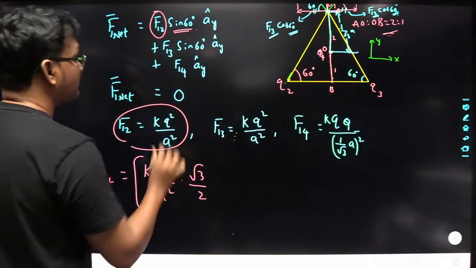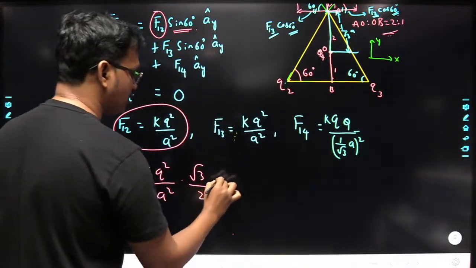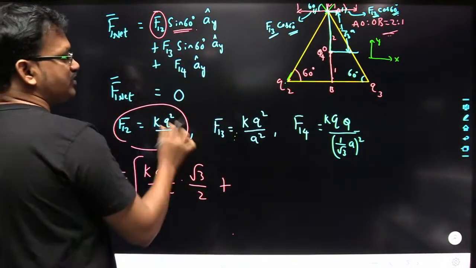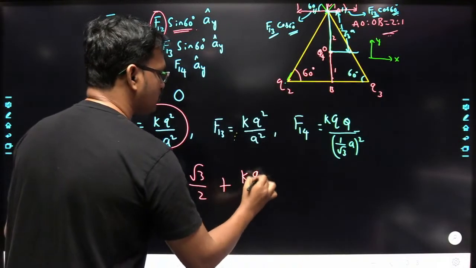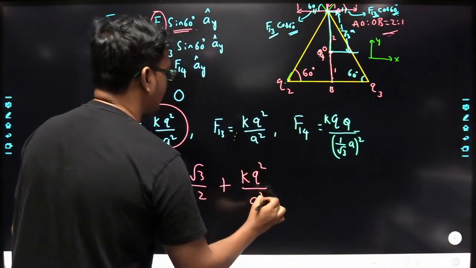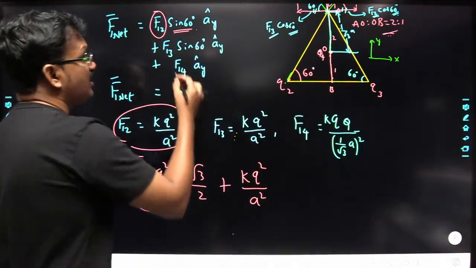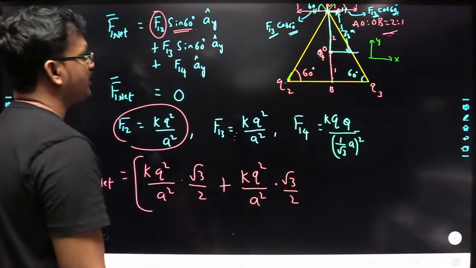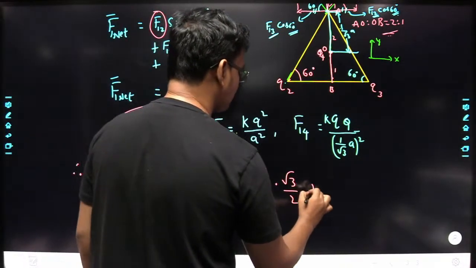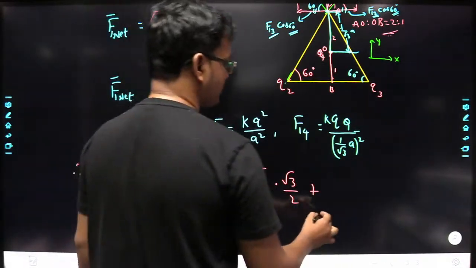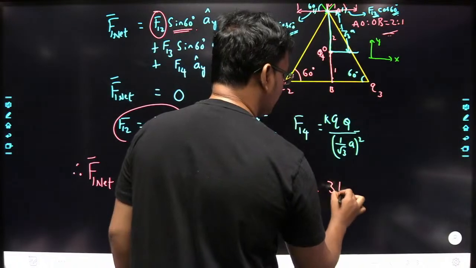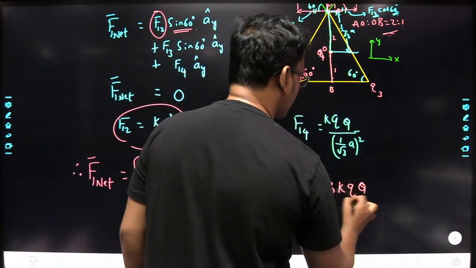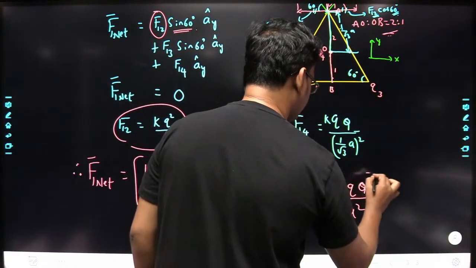So all are y components here, so I am adding them all up, plus F13, which is K into Q square by A square, sin 60 is root 3 by 2, plus F14, you will get 3K small Q into capital Q by A square.